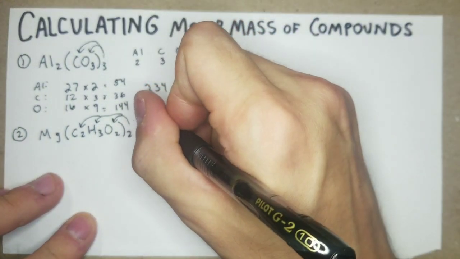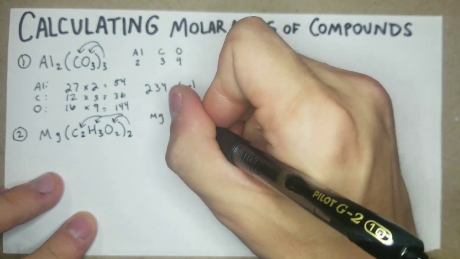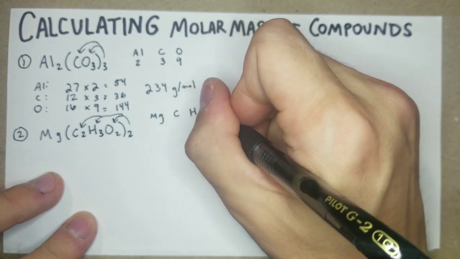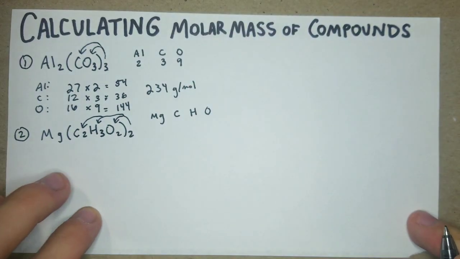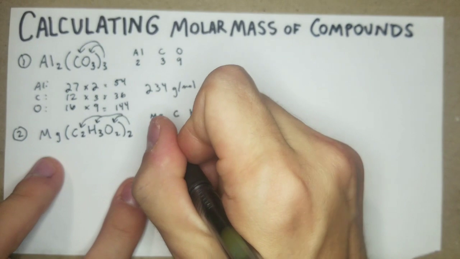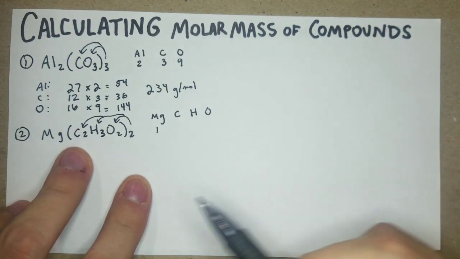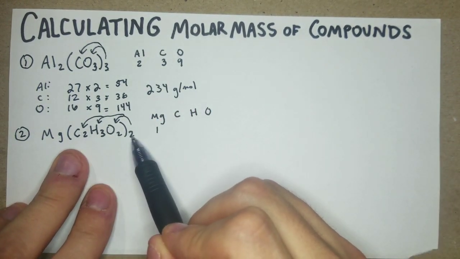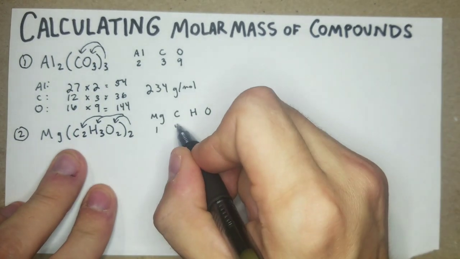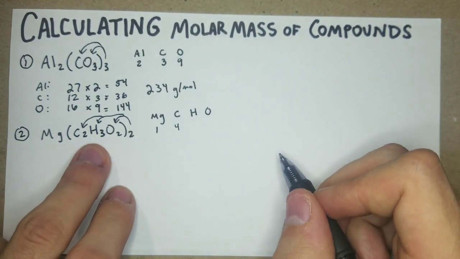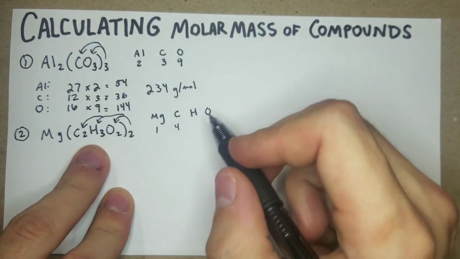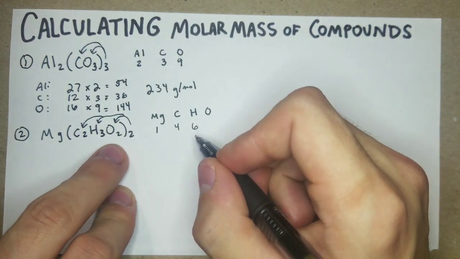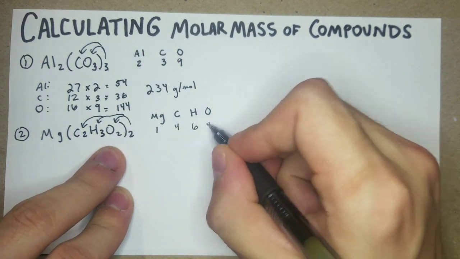So let's see what we got for elements. We have Mg, carbon, hydrogen, and oxygen, just 4 elements. We have 1 magnesium. For carbon, we have 2 inside and a 2 here, so 2 times 2 is 4. We have 4 carbons. We have 3 hydrogen inside, 3 times 2 is 6. And then we have 2 oxygen inside, 2 times 2 is 4.